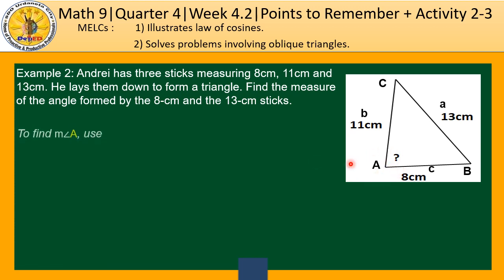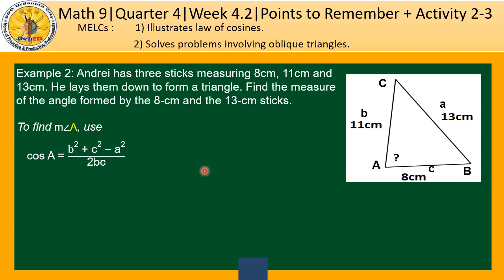To find the measure of angle A, we are going to use the second set of formulas, because we are looking for an angle. Cosine of angle A is equal to B squared plus C squared minus A squared all over 2BC.